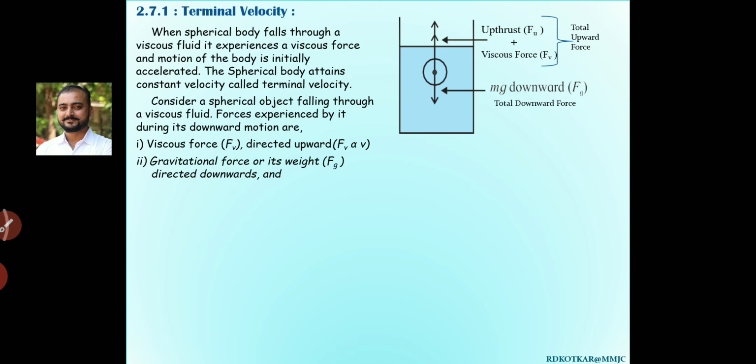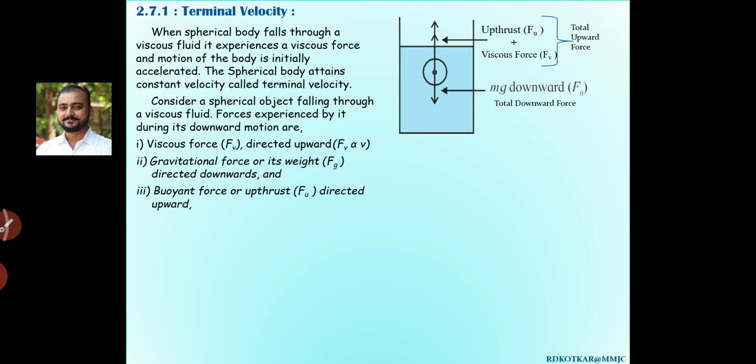Here is the gravitational force, which always acts in a downward direction. That is your Fg, or you may call it mg. Next is your buoyant force or upthrust force, which is directed upward.